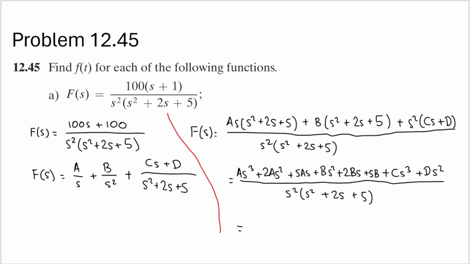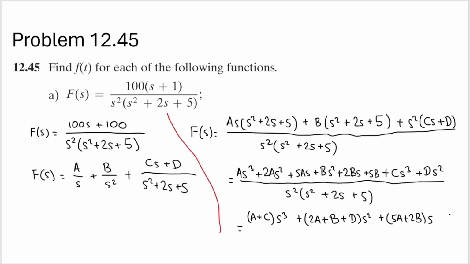Okay, and so we can group it by the power of s. For s to the third power, we will have A plus C. And then plus 2A plus B plus D for s squared. And then for s, we will have 5A plus 2B, so 5A plus 2B times s.